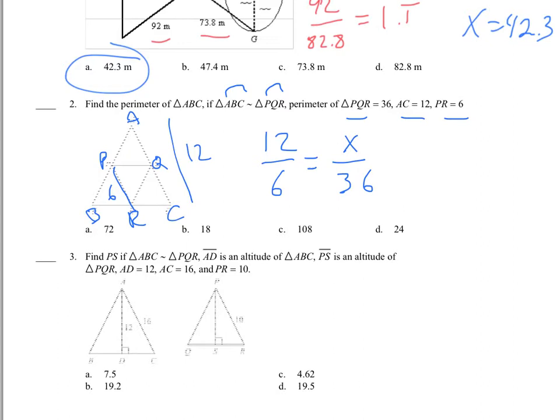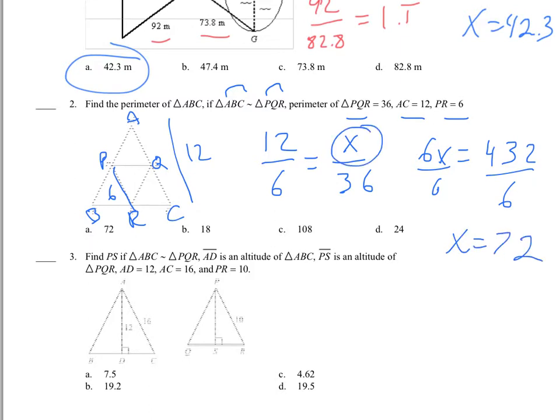And when we do that, we cross multiply, we get 6x equals 12 times 36, which is 432. And then we'll divide by 6. And we get x equals 72. X, remember, was the perimeter of ABC. So that is my answer.